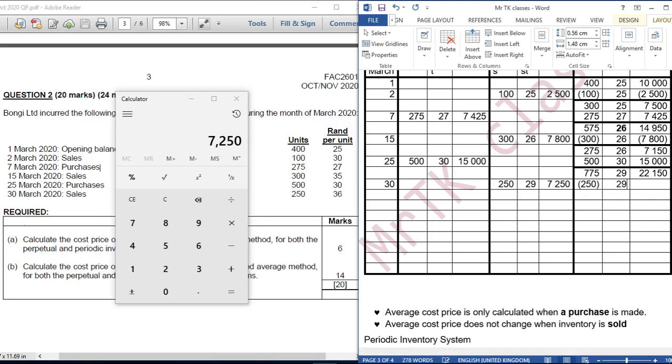Okay, 29 is still the same because we are selling 7,250, right?